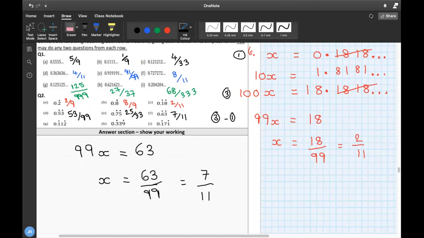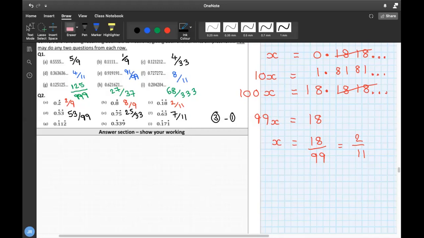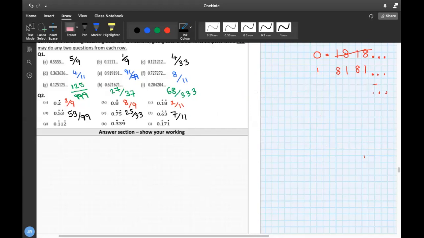Okay, this next one, I'm going to rub this out and we'll do this one in full because this is slightly different to the other questions we've seen so far in question 2. Again, you may be able to predict what's going to happen here. You can see that we now have 3 digits that are recurring. So it's 0.112 recurring. Let's start off. We'll do this one in blue now. We write the initial value as equal to x.